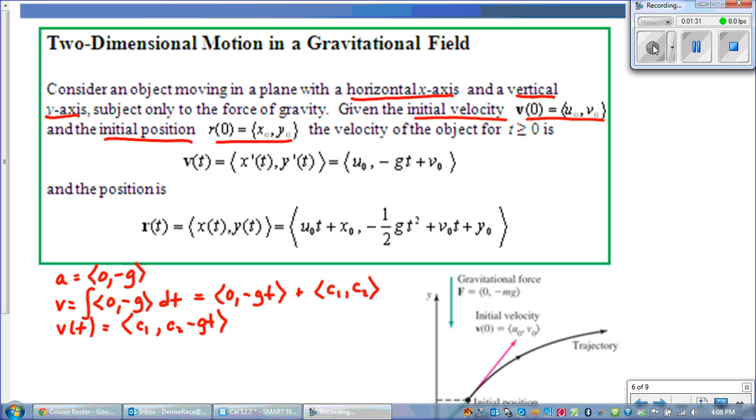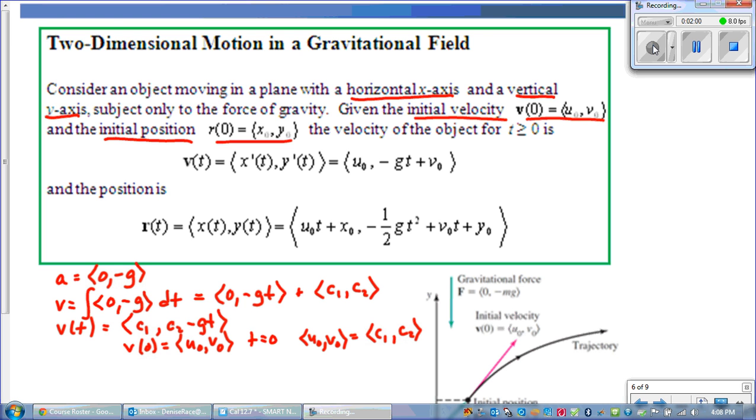But we know that the initial velocity, v of 0, is u naught, v naught. So plugging in t equals 0, we get u naught, v naught equals c1, c2. Again, I'm putting in 0 for the t on both sides. That means that c1 is u naught and c2 is v naught.